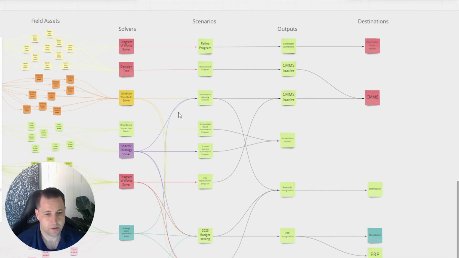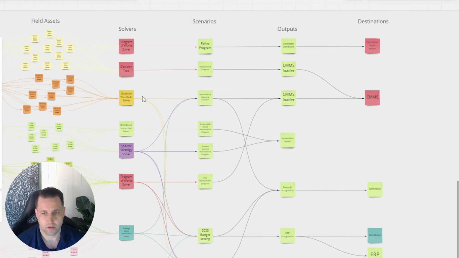The solvers can be unique to a particular asset class, multiple asset classes, or used across the entire organization. They can be very simple executions of logic through to condition-based approaches, risk-based approaches, or value-based approaches. Even advanced optimization techniques fit into this place here.